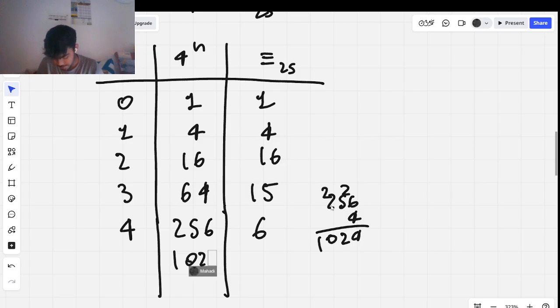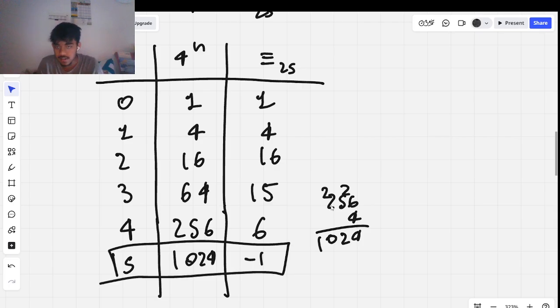Oh, actually, this actually works. Okay, so n equals 5 works.